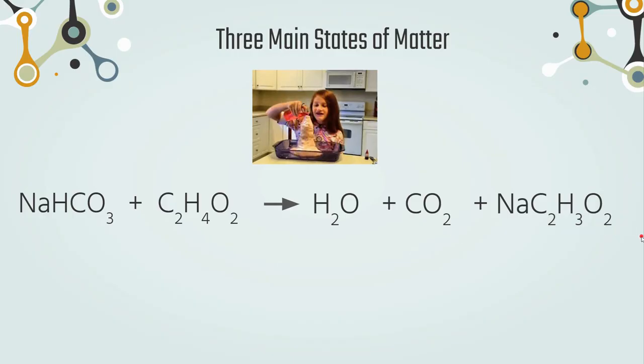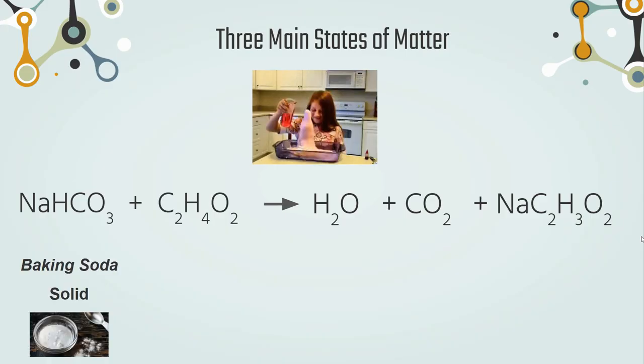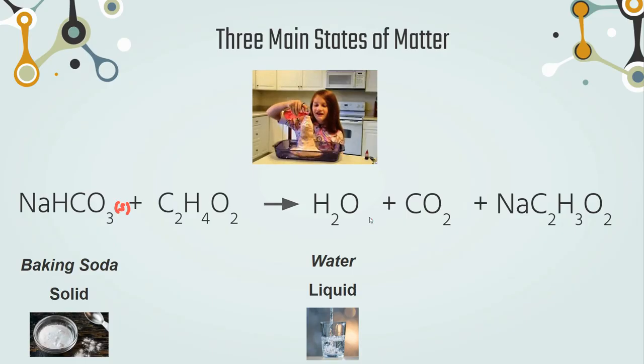Now, some of these are pretty obvious. The baking soda we know is a solid, so just like we did on the previous slide, we'll put a little symbol after baking soda. It's a solid, so we'll use s. Our water we know is a liquid, so just like on the last slide, we'll indicate that water is a liquid with a lowercase l.